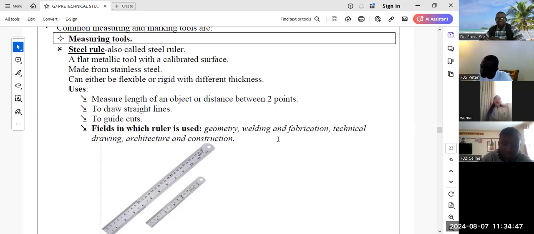Why? Because it is made of a material called stainless steel. It is made from stainless steel, hence the name steel ruler or steel rule.